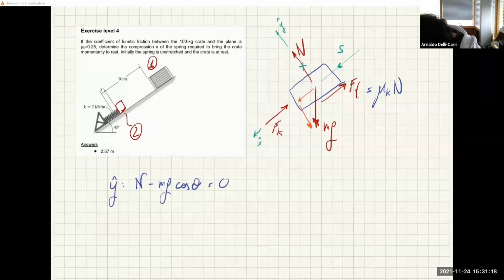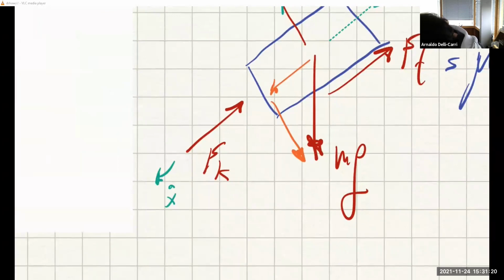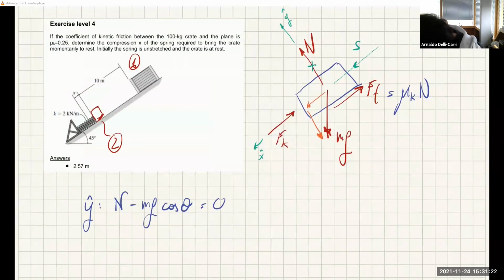Let me draw it like this so it's clear. This is mg, and mg has a component like this and a component like this. This angle here is theta.